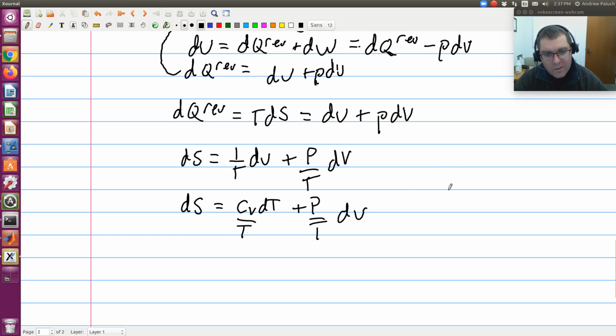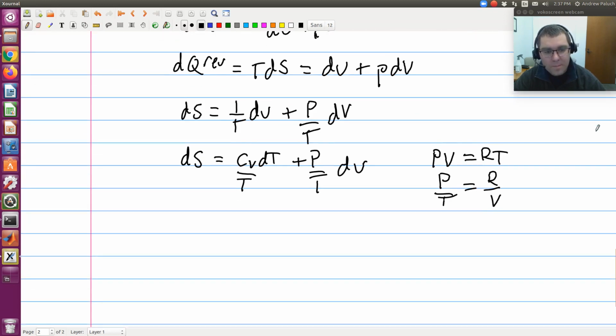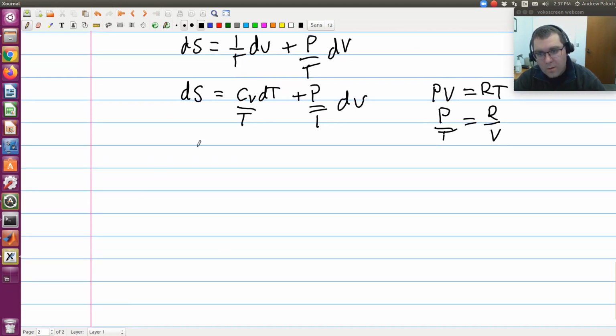For an ideal gas, my fluid would obey the ideal gas equation of state, so PV is equal to RT. So P over T is equal to R over V, where R is a constant, and V is great because that is my independent variable here. So with that, I get ds is equal to Cv over T dT plus R over V dV.